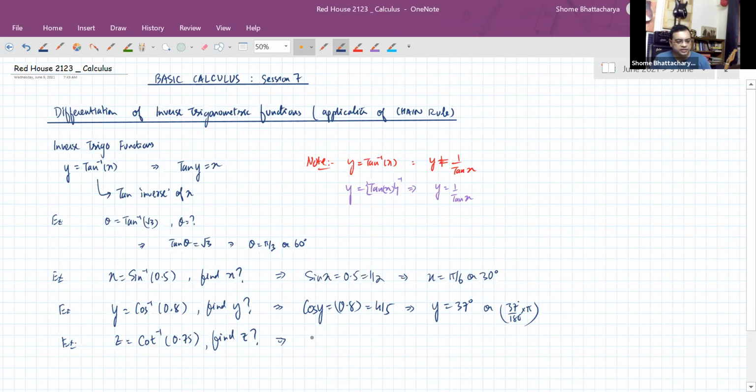Similarly, this implies that cot of z is equal to 0.75 or 3 by 4. So that means z is equal to 53 degrees.